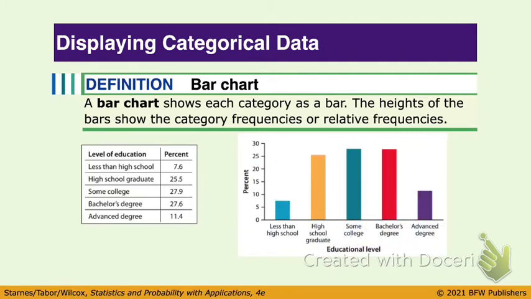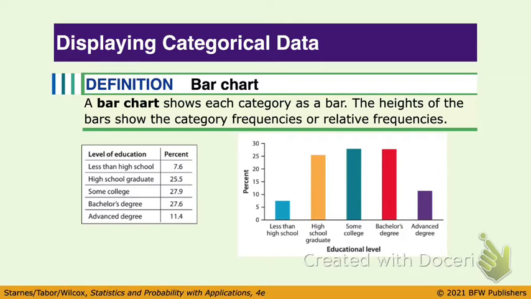Here's my question for you guys. Does that bar chart have to be in that particular order from left to right there? Not necessarily. So for bar charts, there's really not an order they have to go in. With categorical data, I can put the data here in any order that I want to.